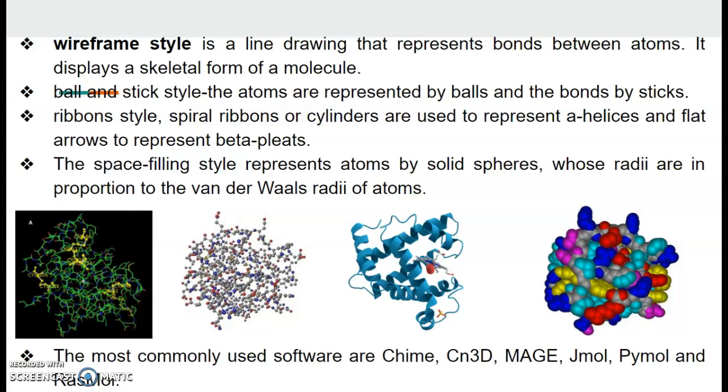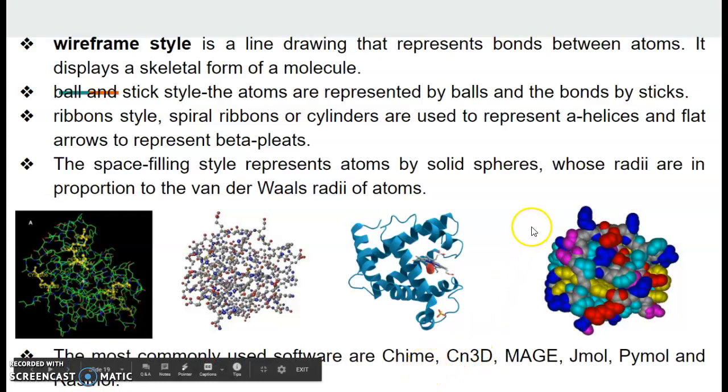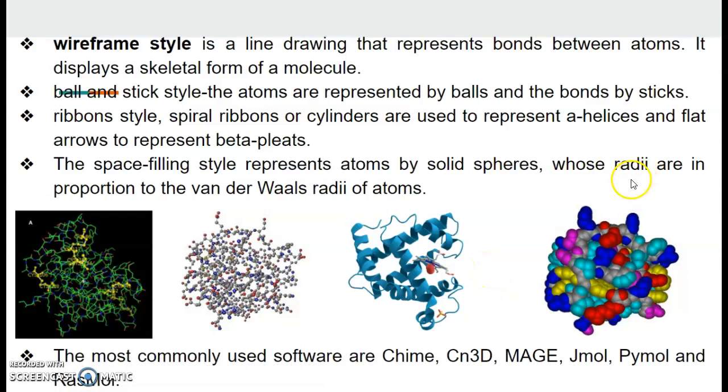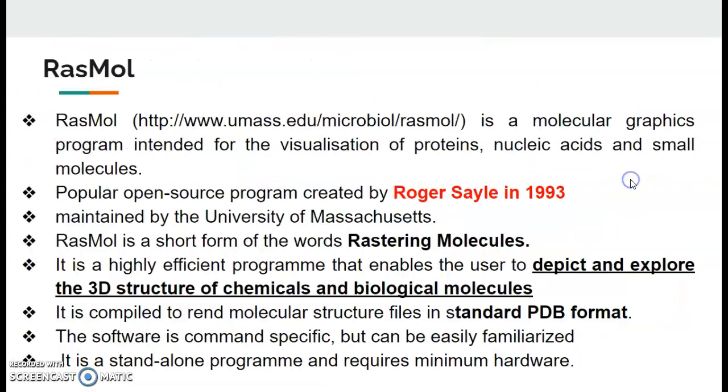And for molecular visualization there are so many software like KiNG, Cn3D, MAGE, Jmol, PyMol, and also RasMol. But in your syllabus you have to study about RasMol. RasMol can be downloaded from this site, and it is a molecular graphics program.